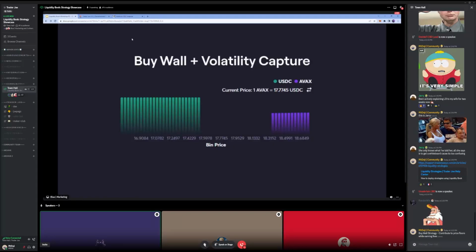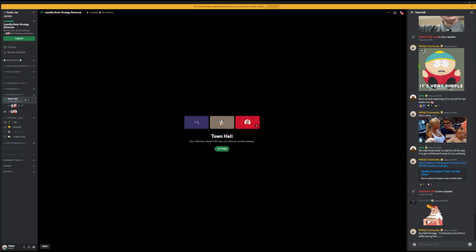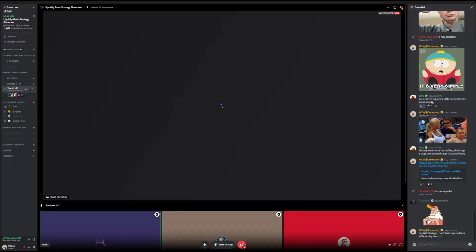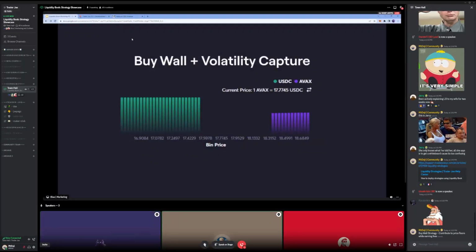So a relatively big range, and versatile in terms of your ratio of tokens, but this is essentially a buy wall, as in the previous example, where you expect support to be around that 17 level for AVAX.